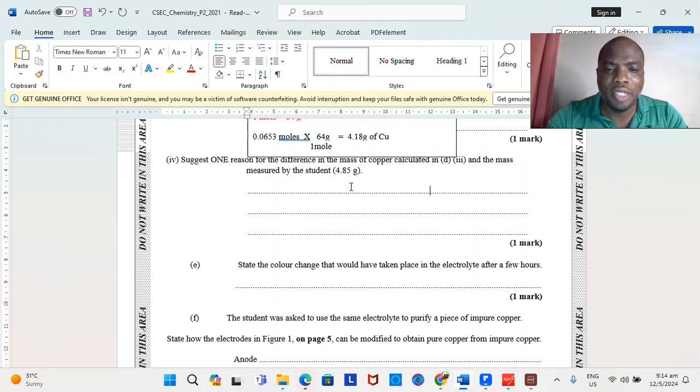But when the student did it, we see 4.85. What could be a difference in terms of the mass calculated?